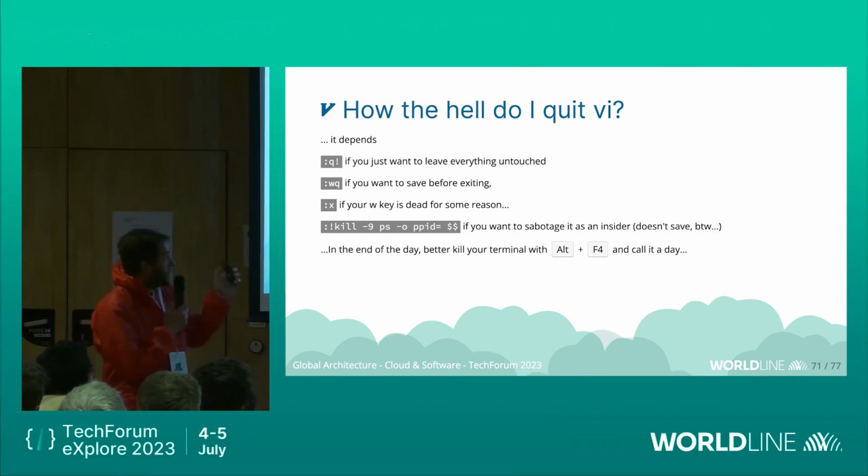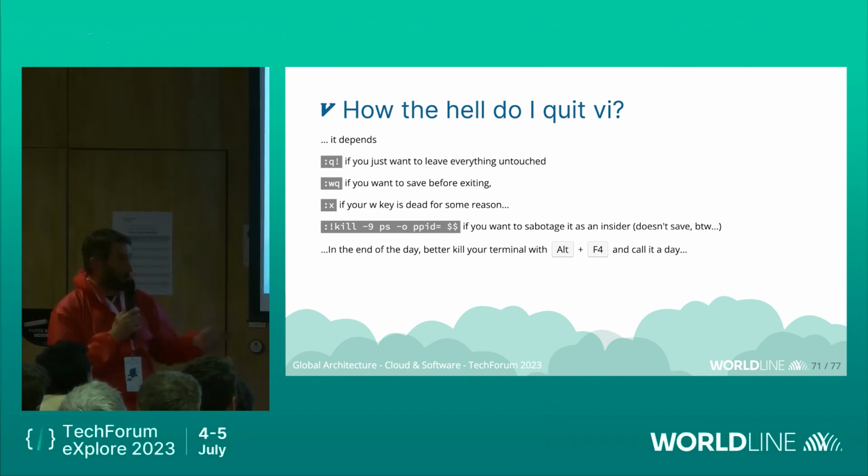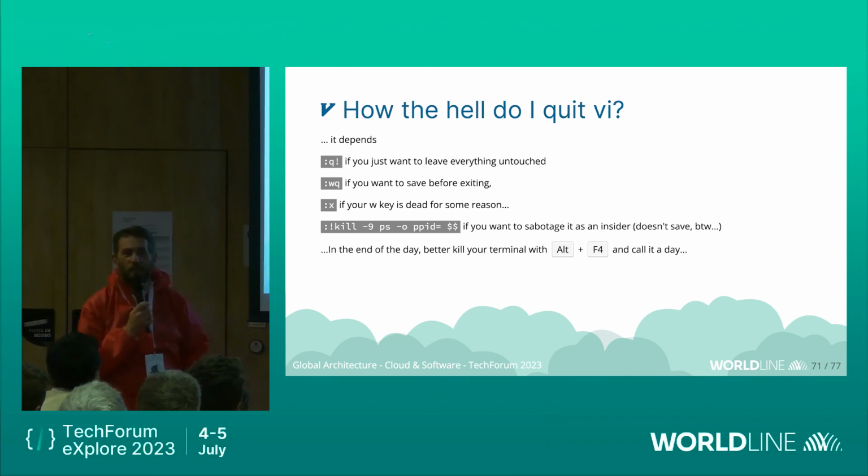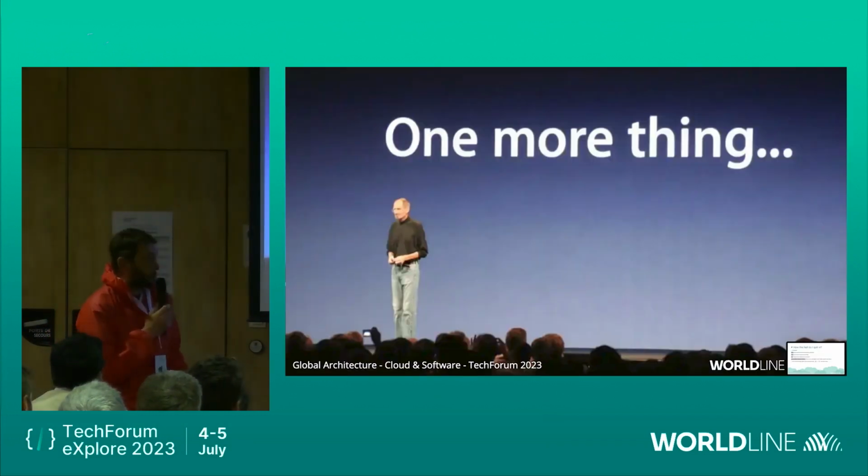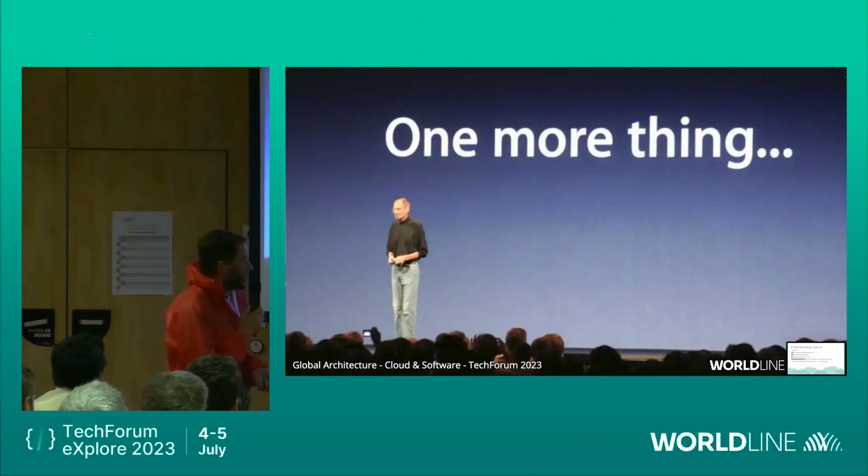In the end, if you want to kill it and sabotage it as an insider, you can even do that. But my favorite one is, as I use Windows, to kill my terminal and start again. Anyway, just one more thing.